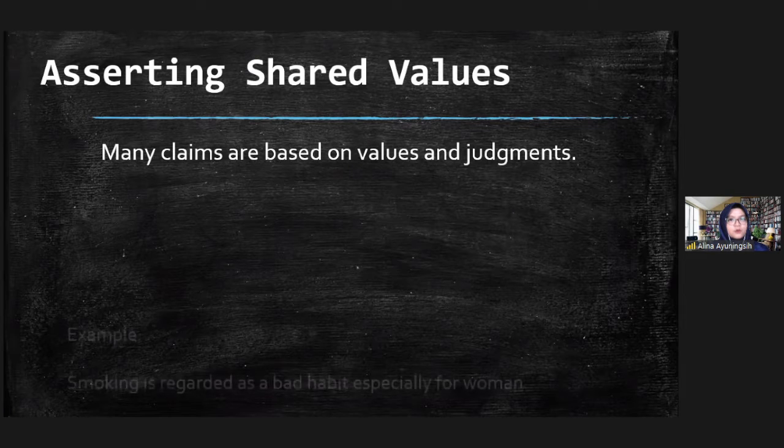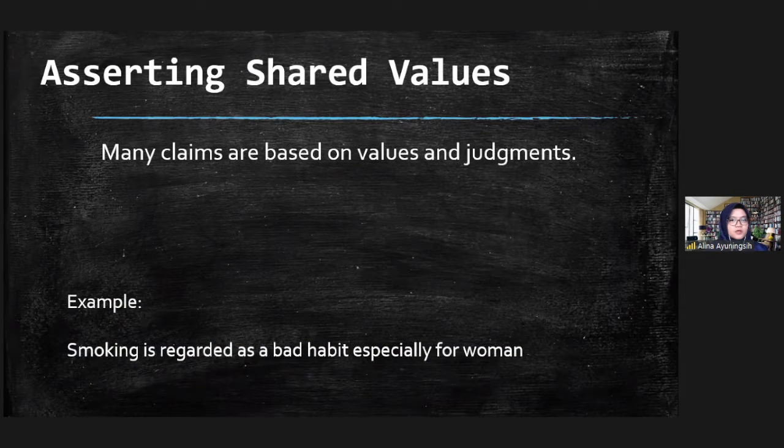For example, smoking is regarded as a bad habit, especially for women. This opinion, this culture, happens only in Indonesia.